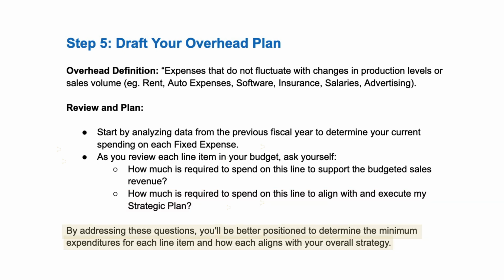And then by addressing these questions and just looking at the current trend of how much you spent last year, you'll be able to better determine the minimum expenditures for each line item and how each line item aligns with your overall strategy.